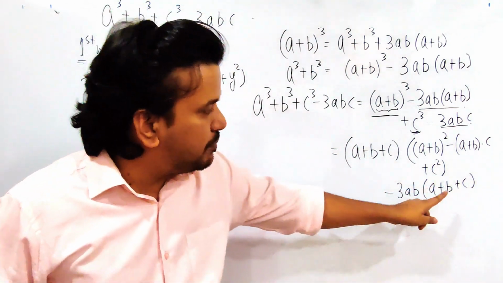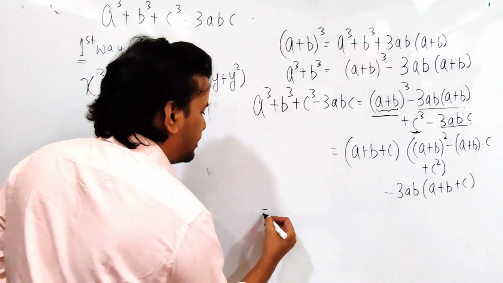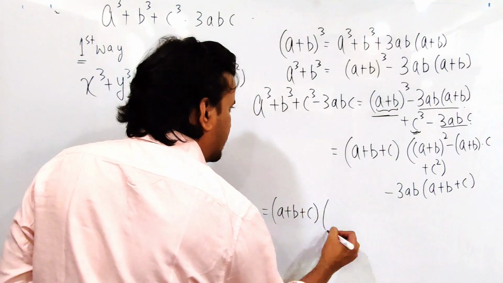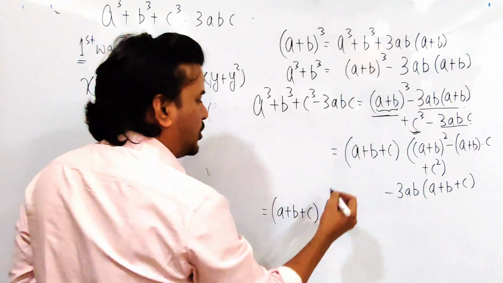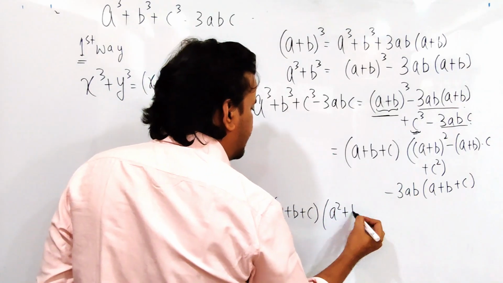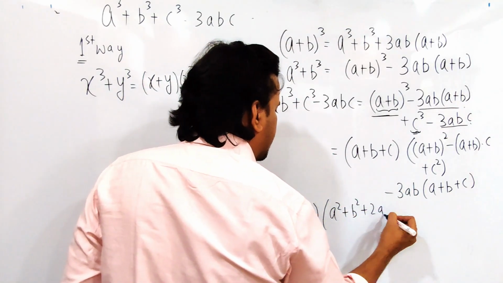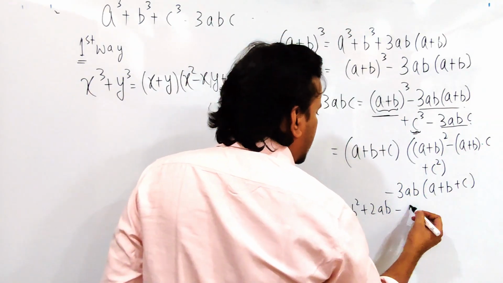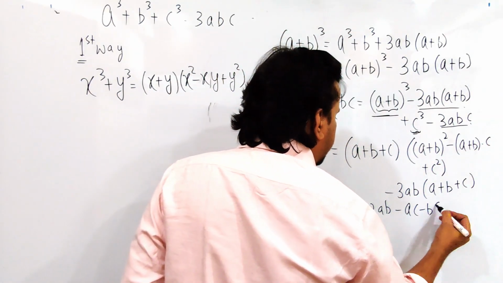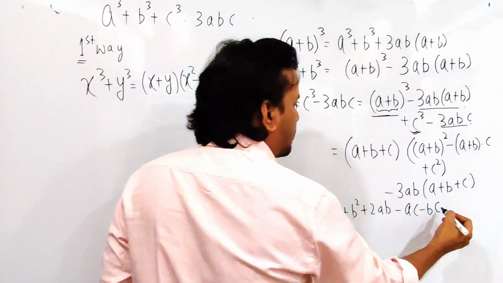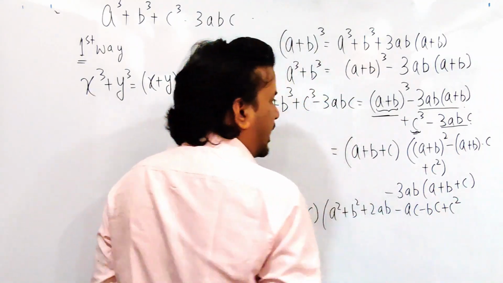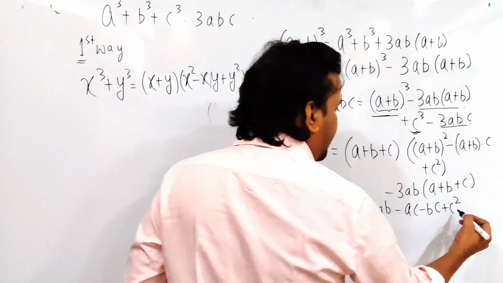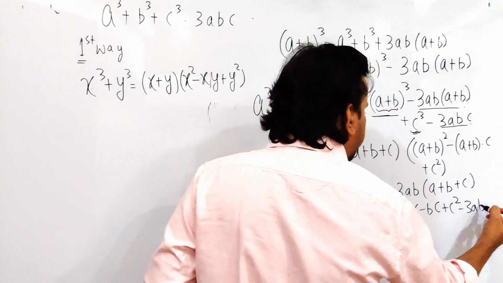Now you can see a plus b plus c is common from these two, and what we are left with is (a plus b) whole square, that is a square plus b square plus 2ab, and then minus (a plus b) times c, so minus ac minus bc, and then plus c square. And since we have taken a plus b plus c as common, the left term is minus 3ab.